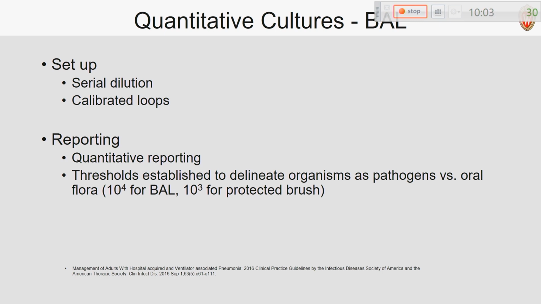The reporting then gets reported out quantitatively, and there are different thresholds that would delineate pathogens versus oral flora, okay? As I said before, it's 10 to the 4th for BALs and 10 to the 3rd for protected brushes.